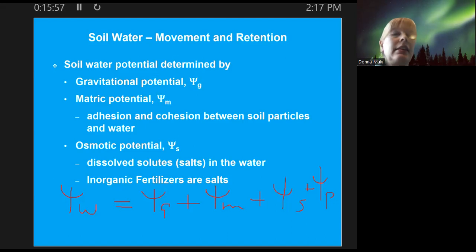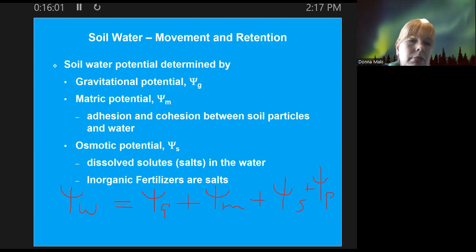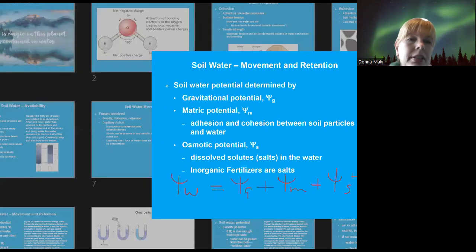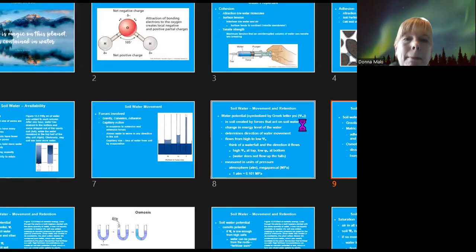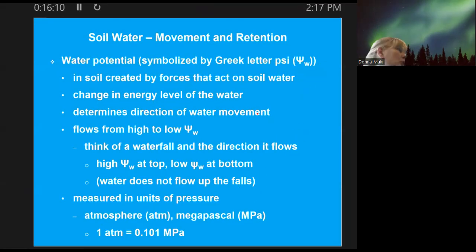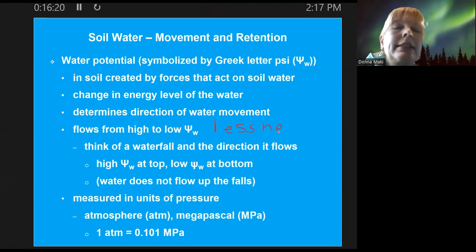Another way to describe the movement of water, let me go back to the slide, so it's from high to low. Another way to say that, depending on the situation, is that water will move from a less negative water potential to a more negative water potential.